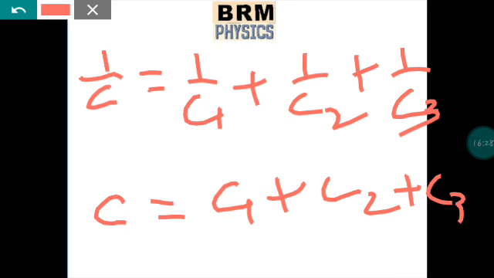Try to understand all the terms and all the concepts for these expressions, and try to solve the numericals based on them. It is a very important topic from the numerical point of view, and there are numerous numericals for different types of combinations, including mixed combinations. So I hope that you will solve the numericals.